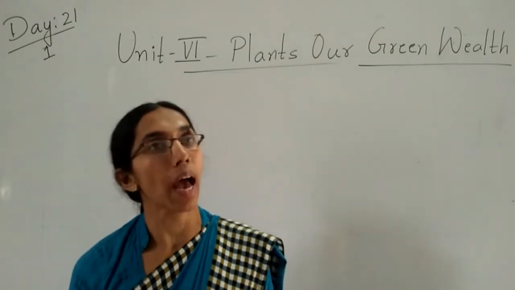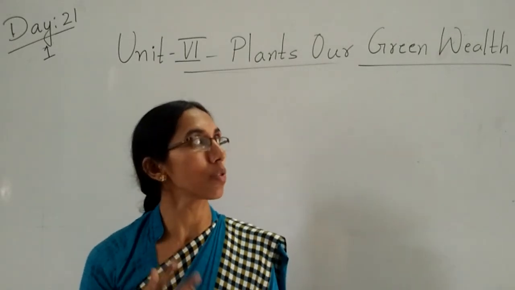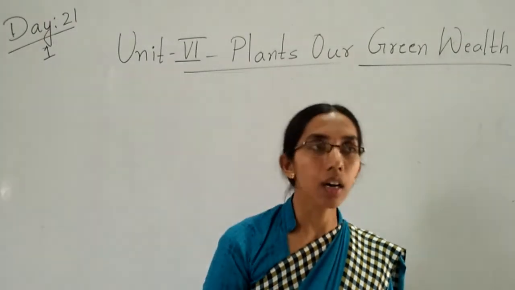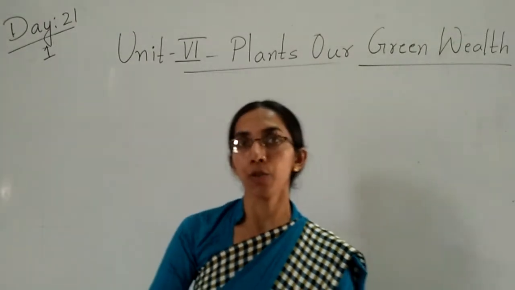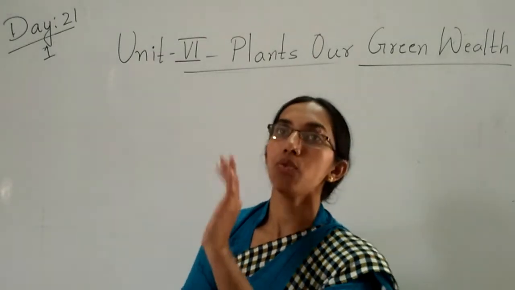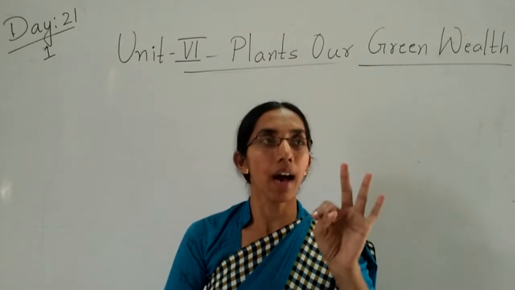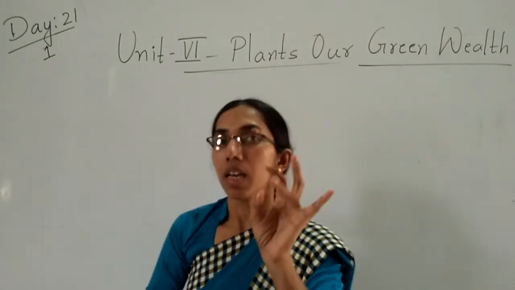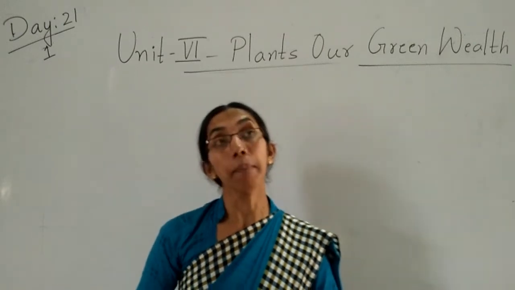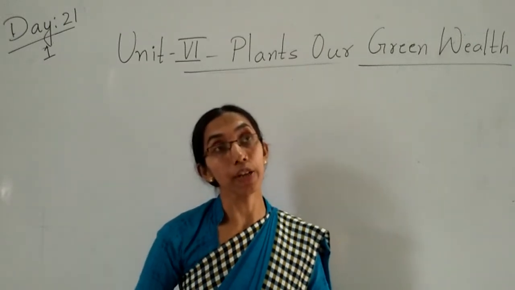An apple tree gives apple. An orange tree gives orange only. A guava tree gives guava fruit only. So we say they are different from each other in shape, size, color, leaves, fruits and flowers.